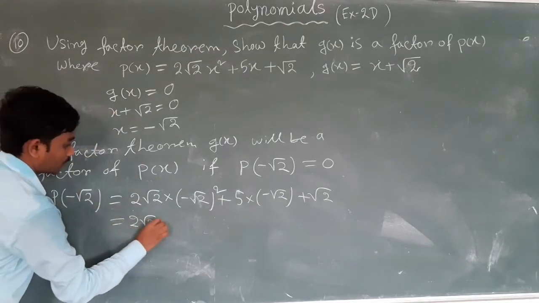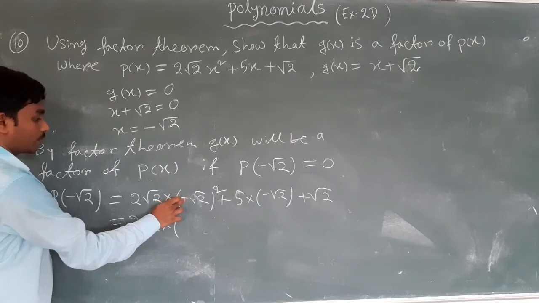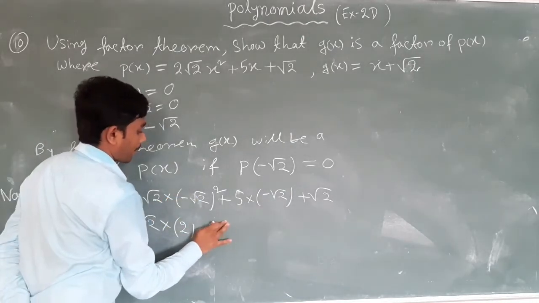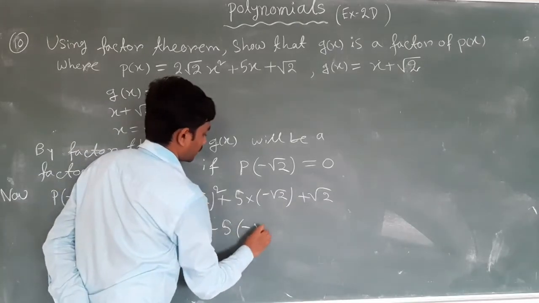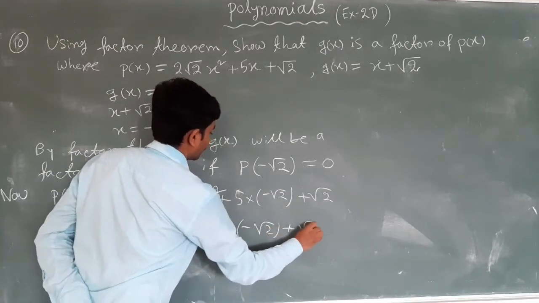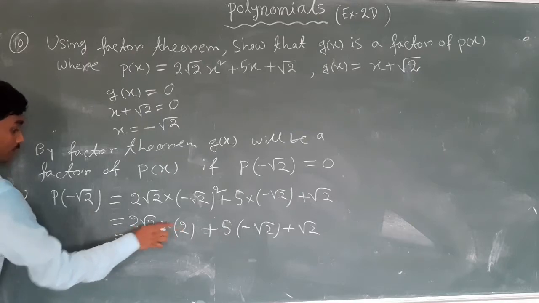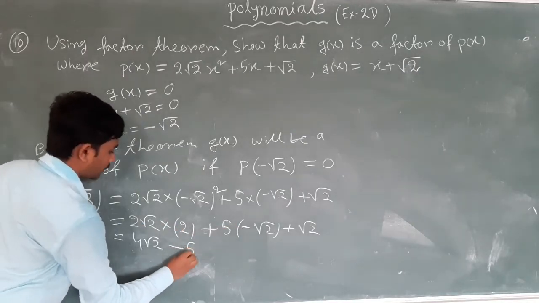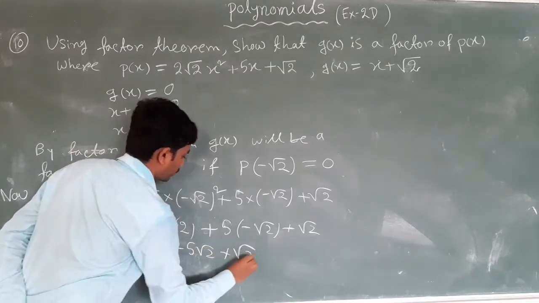That gives 4 root 2 minus 5 root 2 plus root 2.